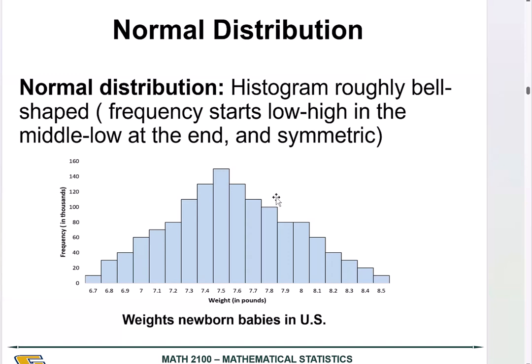But it's pretty much symmetric, right? Start low, high in the middle, and low at the end. So this is called normal distribution, a bell shape, Gaussian distribution, different ways of calling it. Gaussian is the name of the famous, I would say, king of the mathematics world, Gauss in Germany.